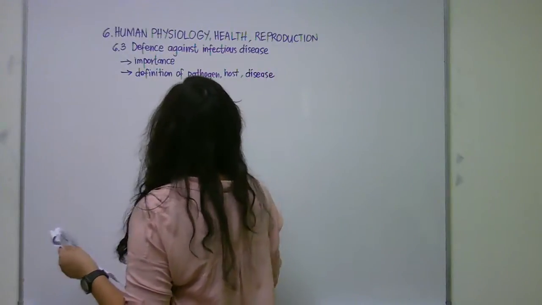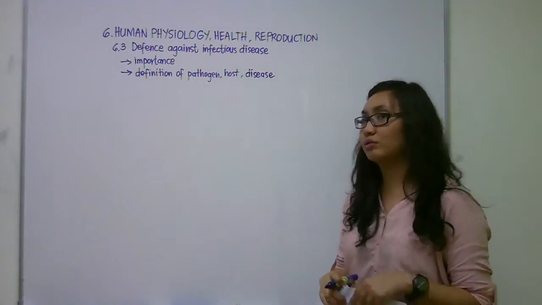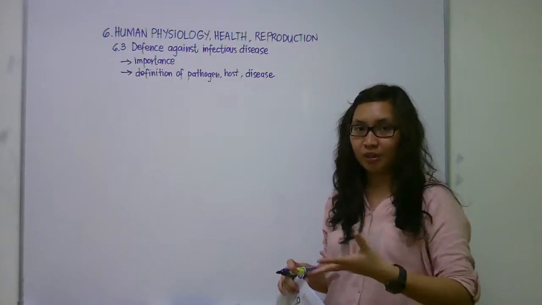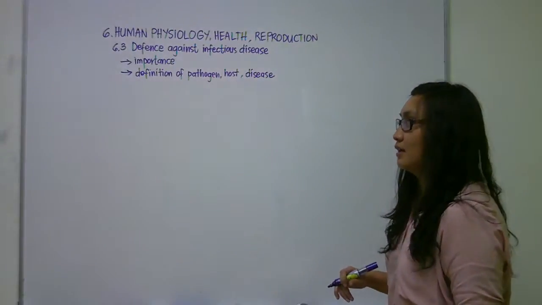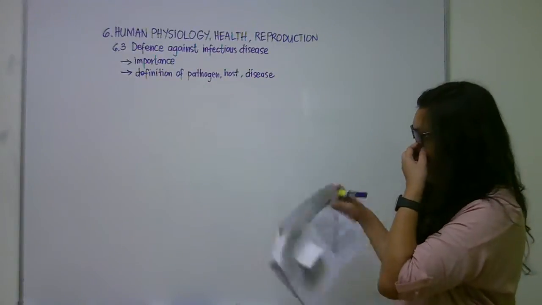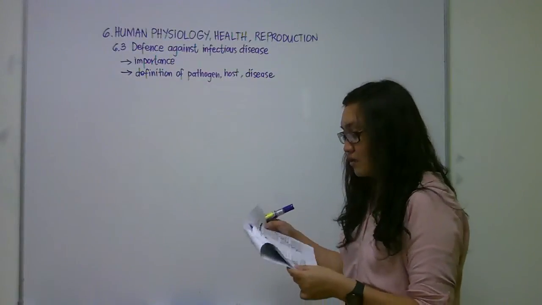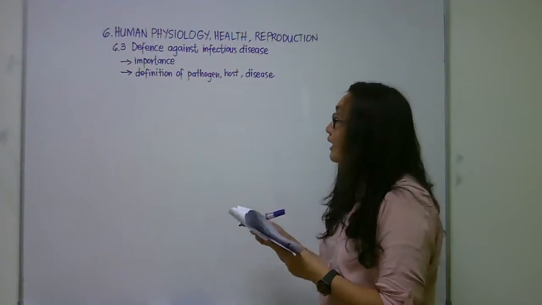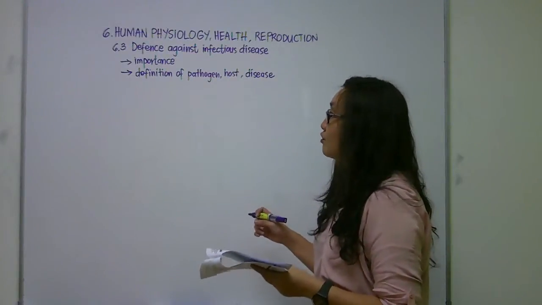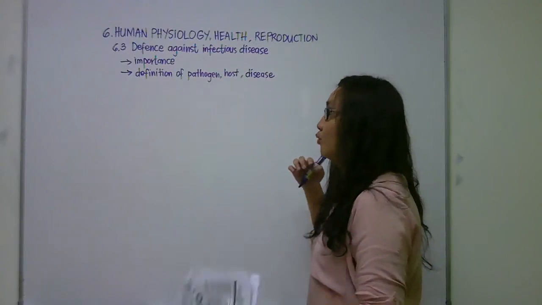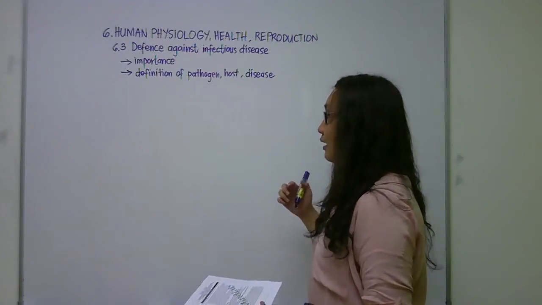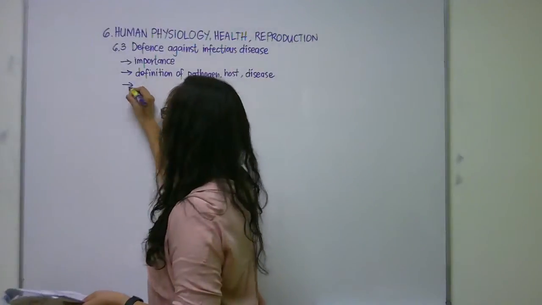Sometimes I also include the difference between communicable and non-communicable, but it's not that important in this area. It's not required by IB. Right after introducing what these terms mean, we can move on to the use of antibiotics.